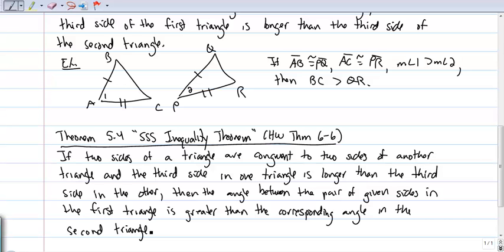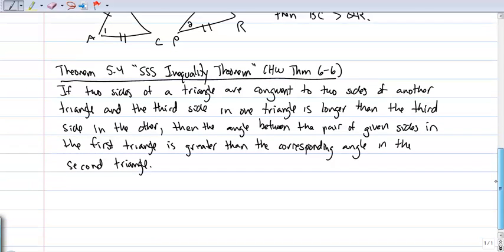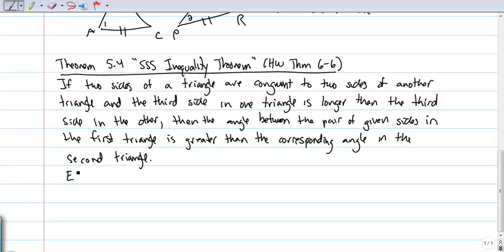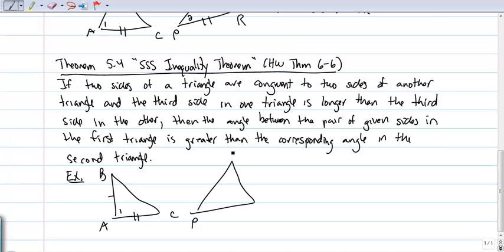Whew. All right. So, for example, let's say I have triangle ABC. Let's put one tick mark on AB, 2 on AC, call this angle 1. And we have triangle PQR. Let's put one tick mark here, 2 tick marks here, and call this angle 2.